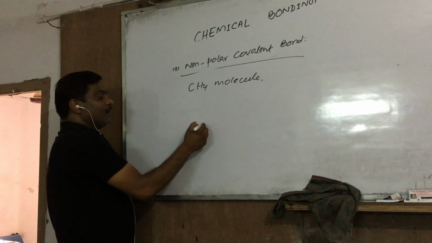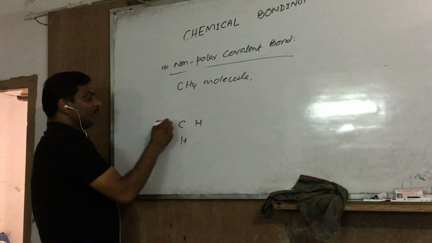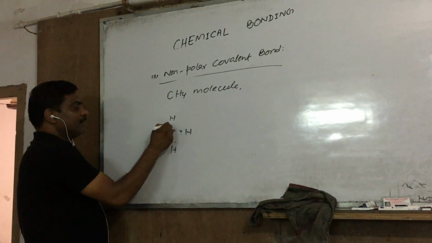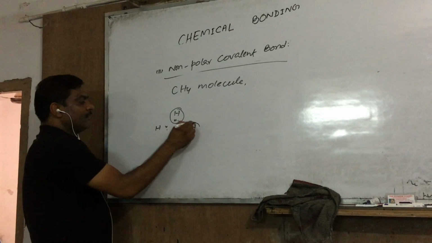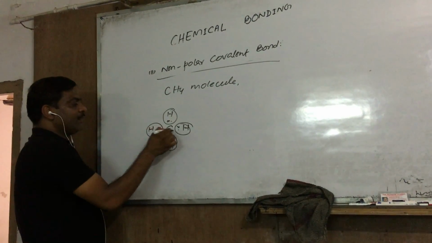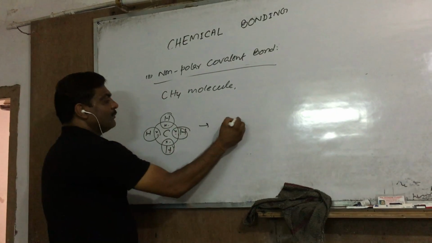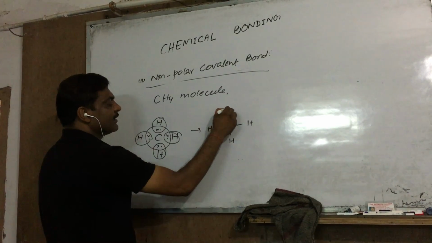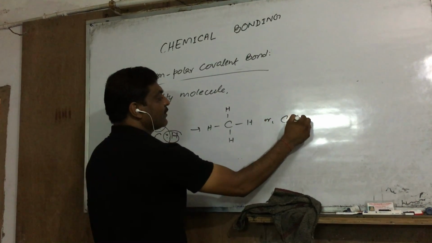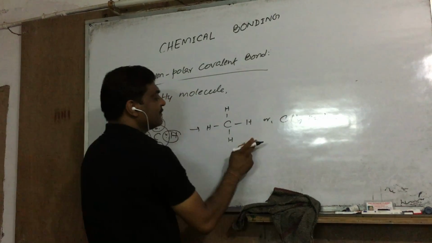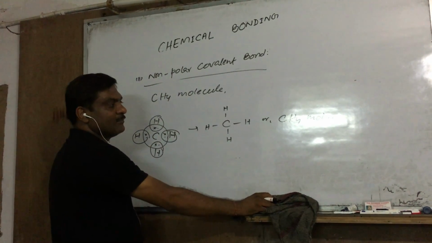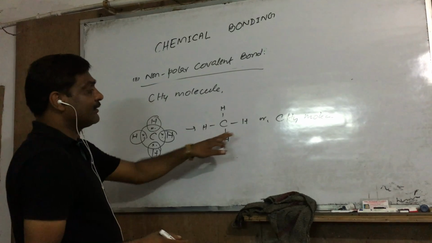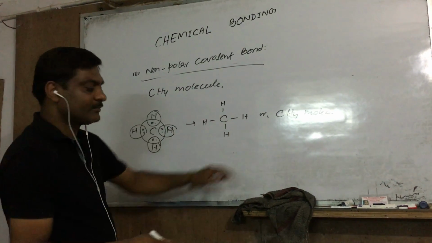So, in the CH4 molecule, the shared pair of electrons lies exactly in between the combining atoms, and no charge develops on any of the atoms, and the molecule is like this: C single bond H, single bond H, single bond H, single bond H, or simply the CH4 molecule. So this molecule is a non-polar covalent molecule, and the compound is a non-polar covalent compound. Agree?